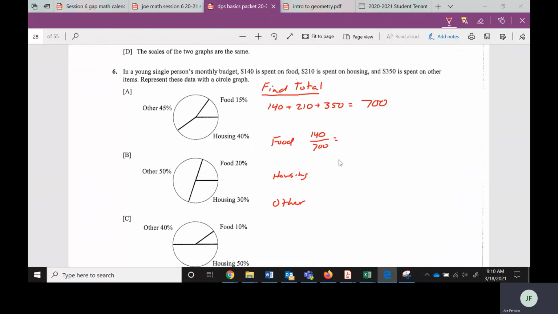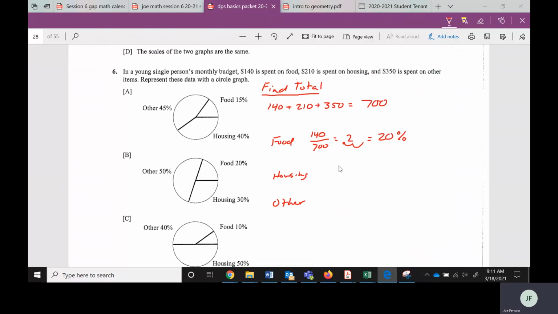I'm not going to write out every little note here, but you divide to start out with. That's going to give you the percentage as a decimal. So it comes out to be 0.2. Now you need to convert that to a percent. Okay, percents are 2 spaces bigger than the decimal. So we have to go 1, 2. There's an open spot, so I'd put a 0. So that's 20% for food.